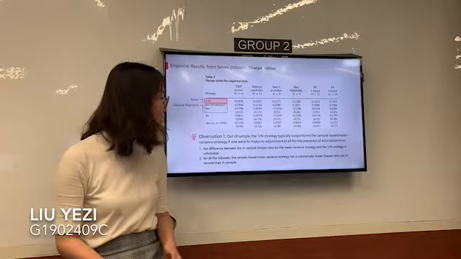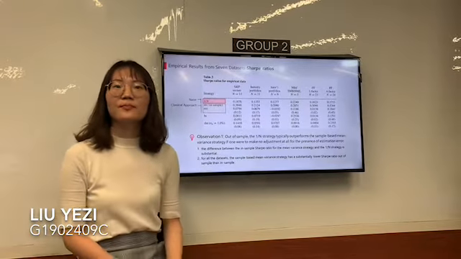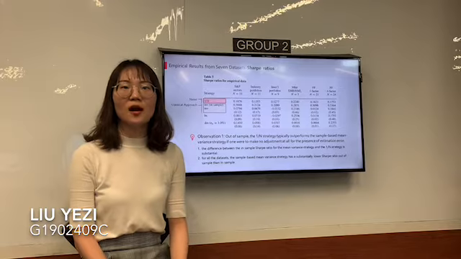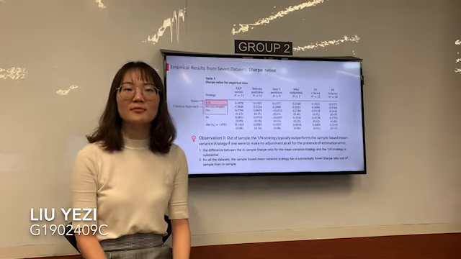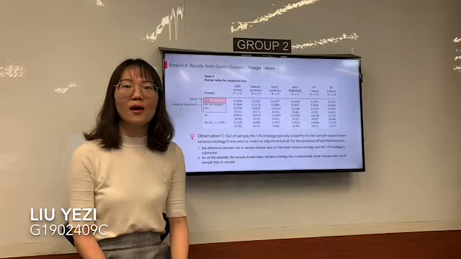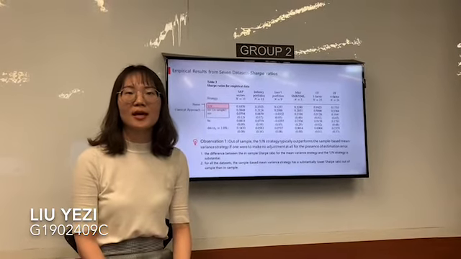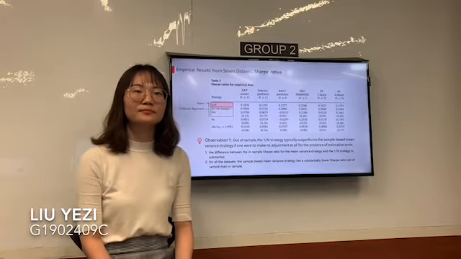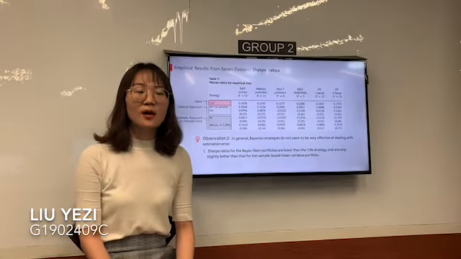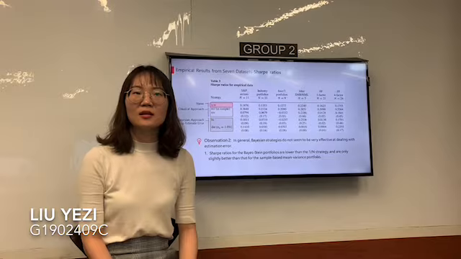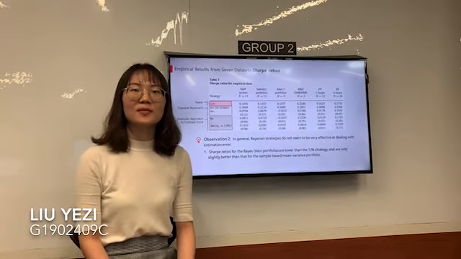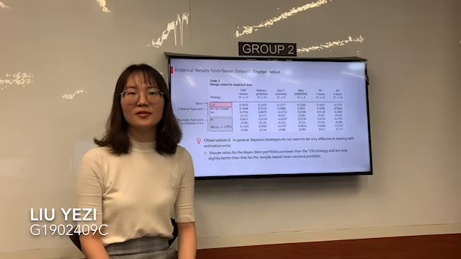Thus, our first observation is that out of sample, the 1/n strategy typically outperforms the sample-based mean variance strategy if one were to make no adjustment at all for the presence of estimation error. But what about the out-of-sample performance of optimal allocation strategies that explicitly account for estimation error?